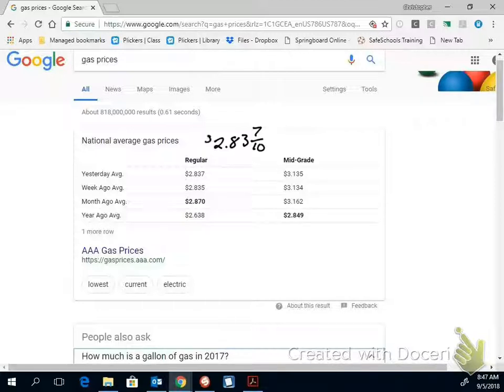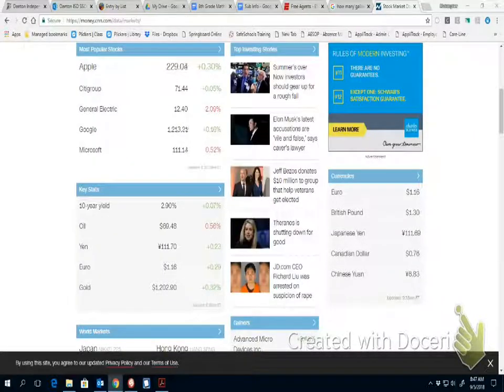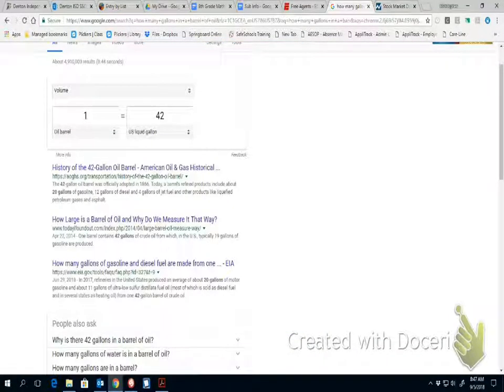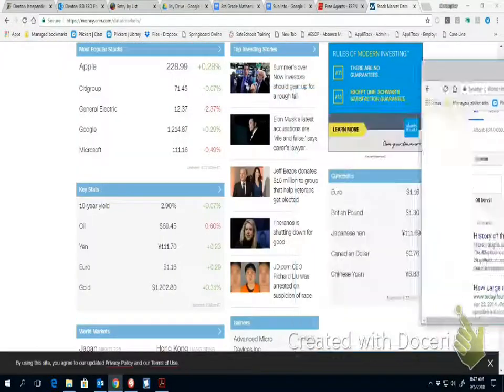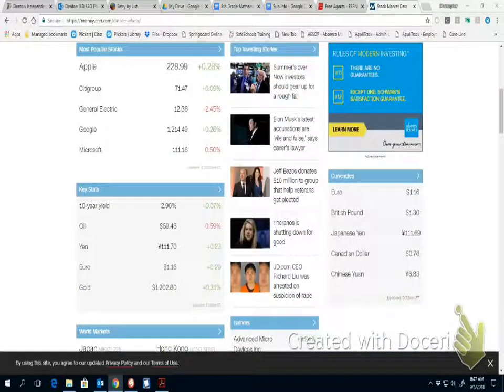And part of the reason why this is the actual price kind of goes back to this other thing that I found that I thought would be helpful for you. I just put in Google, how many gallons are there in a barrel of oil?